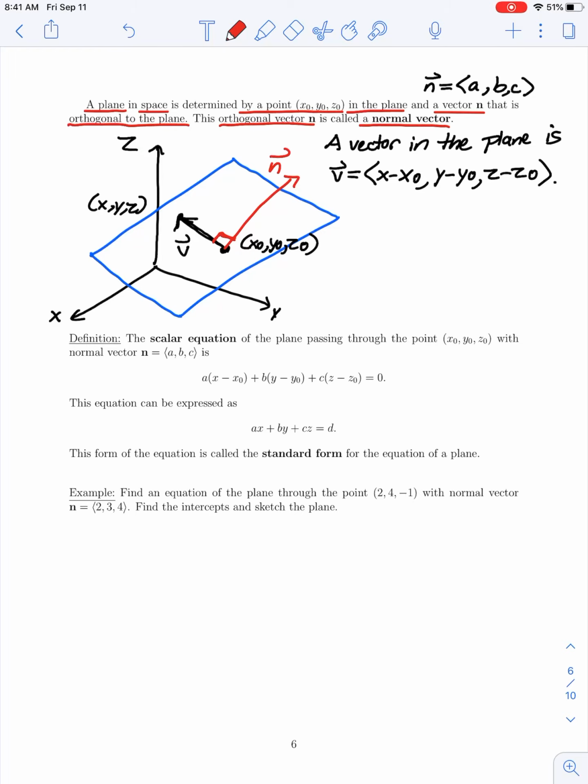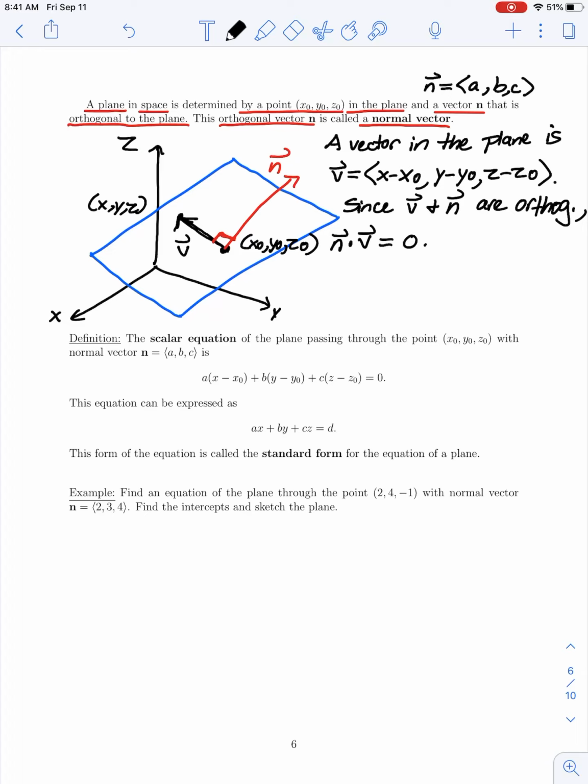Since v, which lies in the plane, and our normal vector n are orthogonal, the dot product n dot v would have to equal 0.